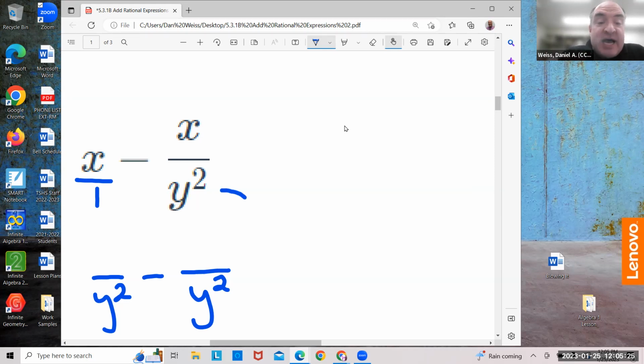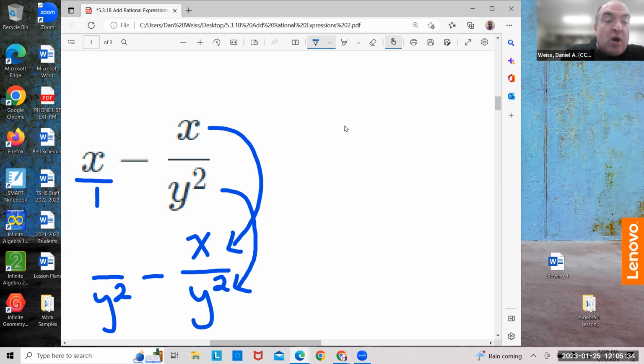This one doesn't change, which means this one doesn't change. So 1 times what makes y squared? 1 times y squared makes y squared.